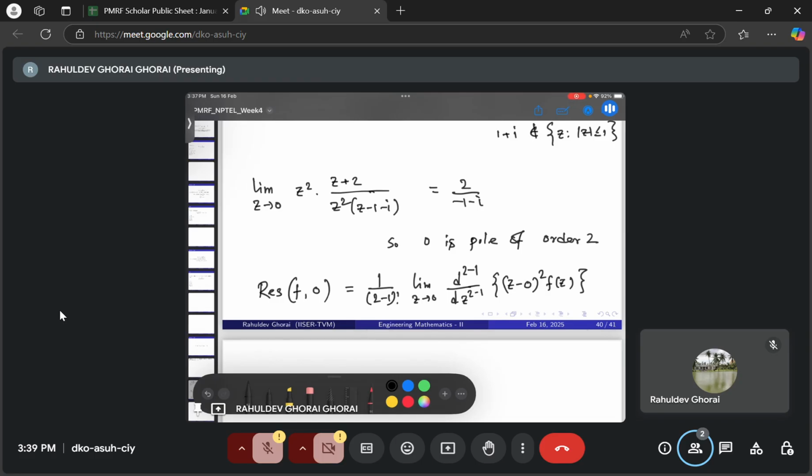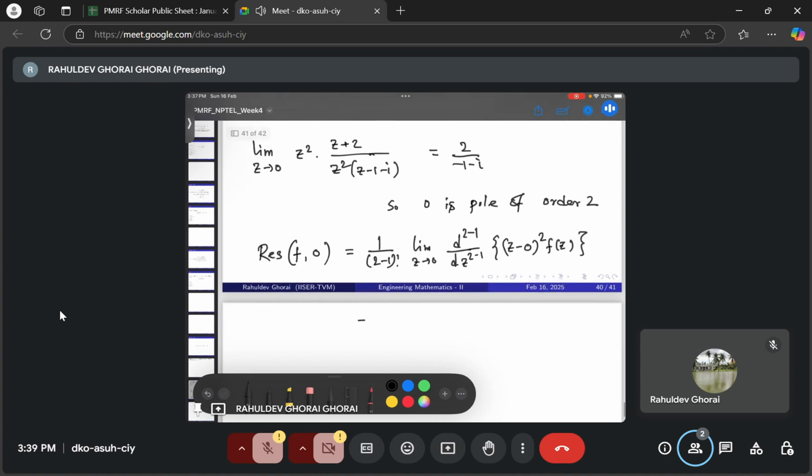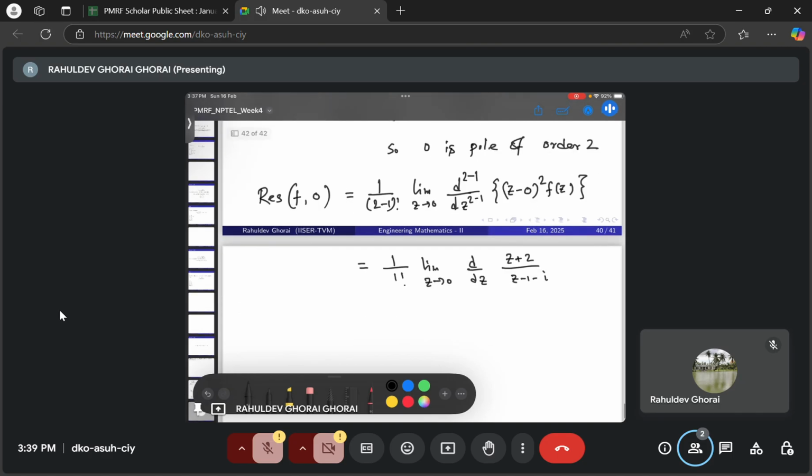So how will we evaluate this one? This one would be 1 over 1 factorial, limit z tends to 0 of d/dz of (z plus 2) over (z minus 1 minus i). If you remember, this one will be the limit as z tends to 0 of the numerator (z minus 1 minus i) minus (z plus 2), which is minus 3 minus i, over (z minus 1 minus i) whole square.